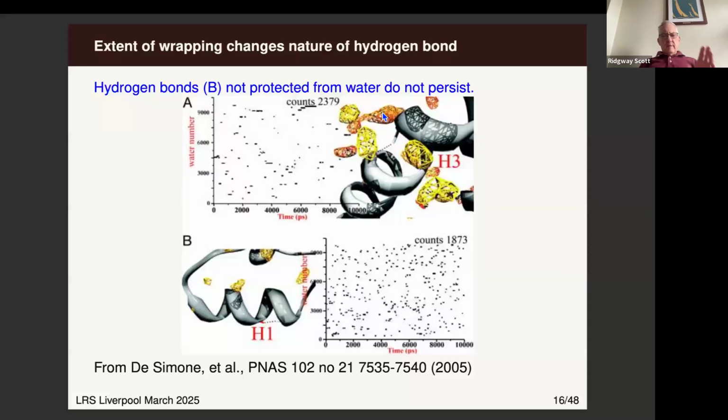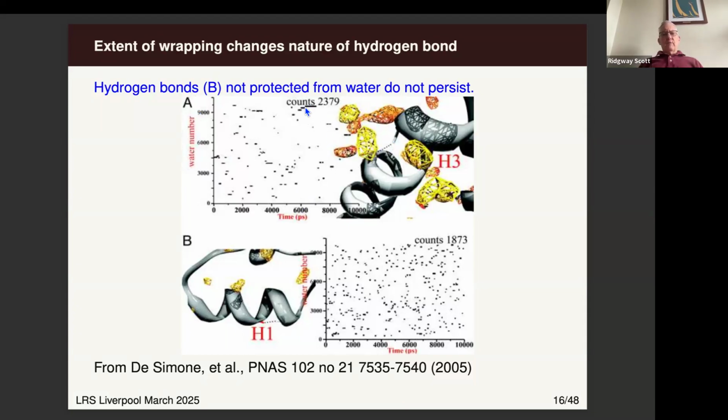Now, it's a little bit hard to parse, but I'll try to help here. So he listed all the water molecules in the simulation, some over 9,000 of them. And on this axis, every time a particular water molecule was near this site where the hydrogen bond is, he would put a marker there. He just put a dot.